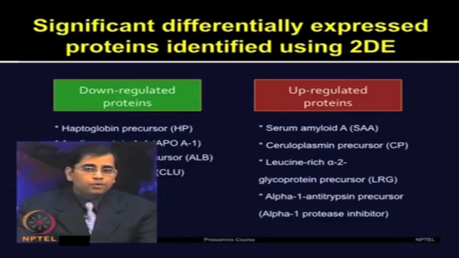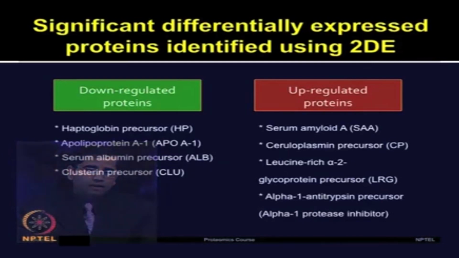Some of the proteins listed here, such as haptoglobin, apolipoprotein A1, serum albumin precursor and clusterin, were down regulated, and serum amyloid A, ceruloplasmin precursor, leucine rich alpha 2 glycoprotein precursor and alpha 1 antitrypsin precursor were upregulated, among many other proteins.